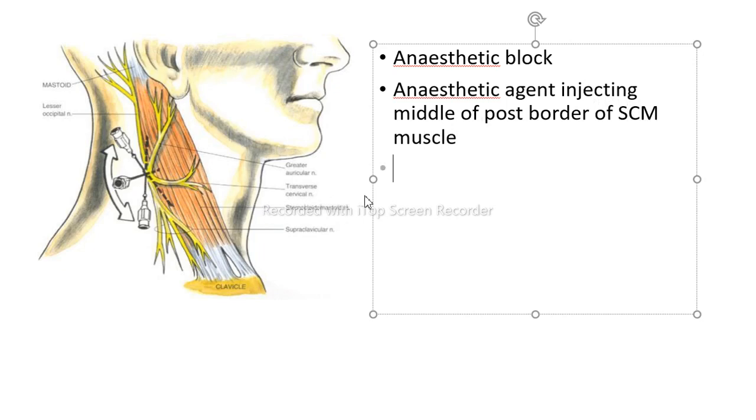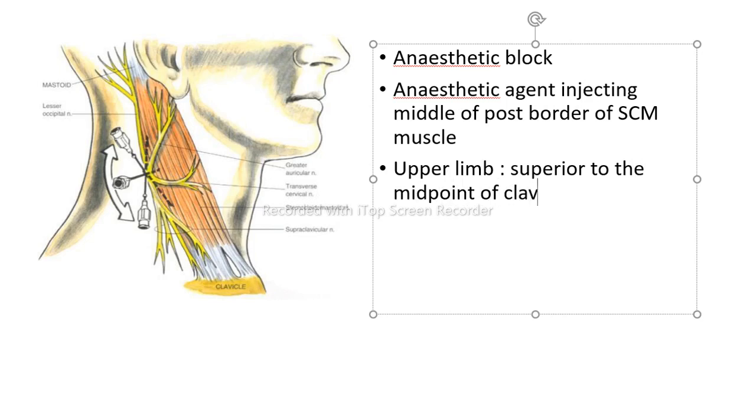For anesthesia of the upper limb, the anesthetic agent is injected in the posterior triangle, superior to the midpoint of the clavicle, into the trunks of the brachial plexus.